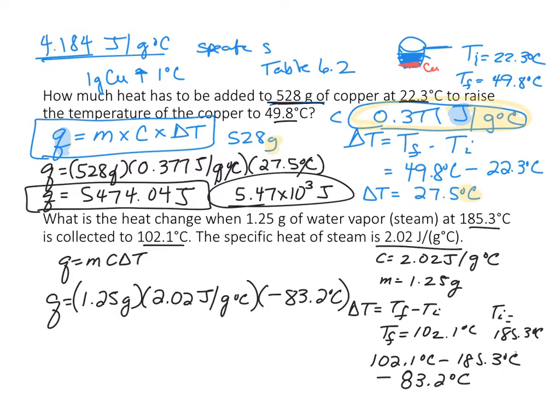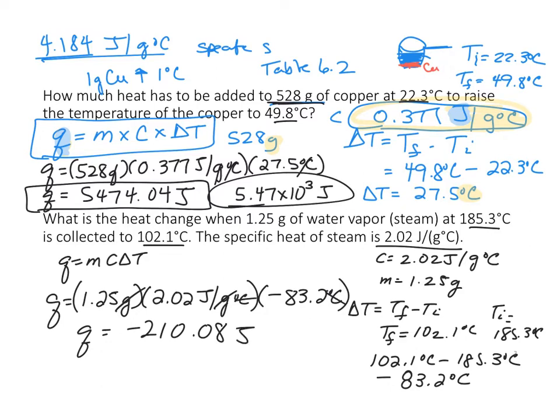Okay, so 1.25 times 2.02 times negative 83.2. Q equals negative 210.08. And the units cancel out to be joules.